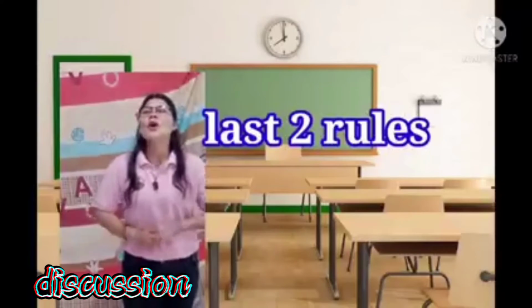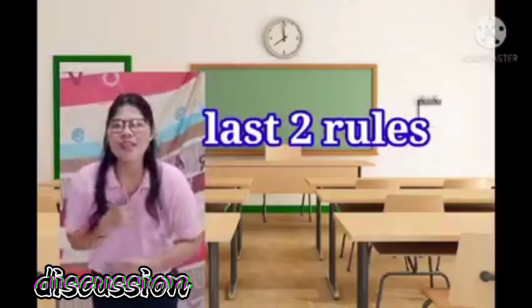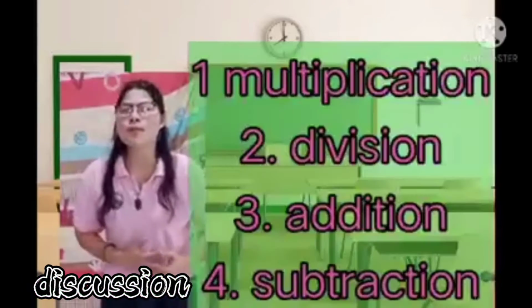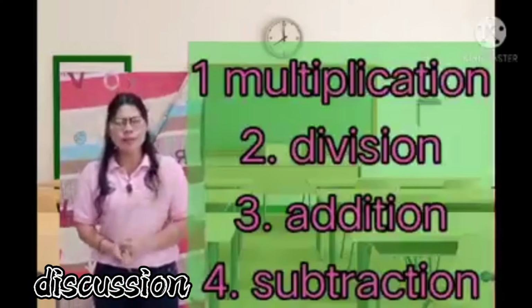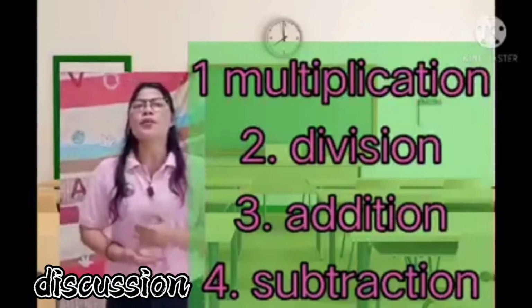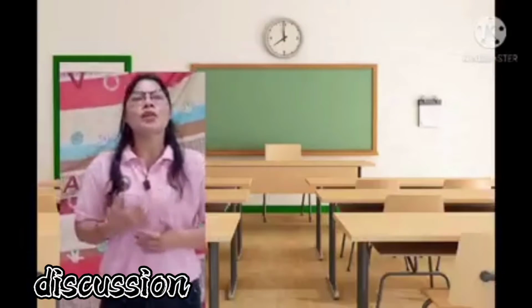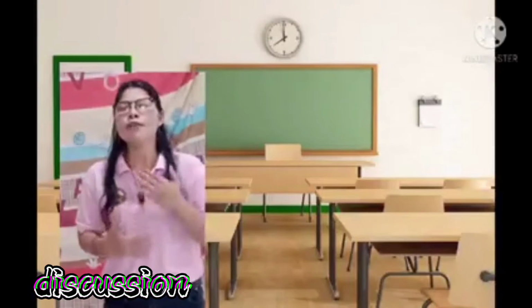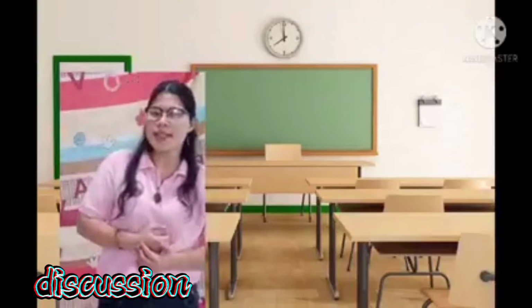Okay, let's go to the last 2 rules. These rules are also important because they deal with the common operations: multiplication, division, addition, and subtraction. The rules tell us we need to multiply and divide before the addition and subtraction.